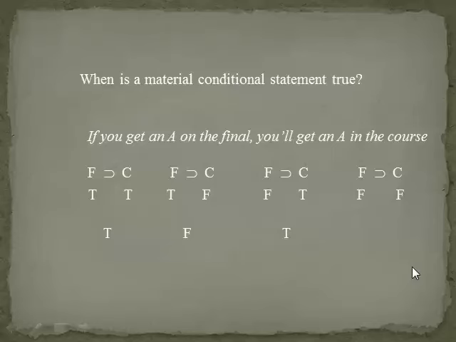And if you don't get an A on the final and you don't get an A in the course, again, you have no reason to claim that the statement made was a lie. And those are the conditions under which we're going to say a conditional is true or false. Namely, a conditional is true unless its antecedent is true when its consequent is false. So whenever a false antecedent is present, you nonetheless have a true statement.